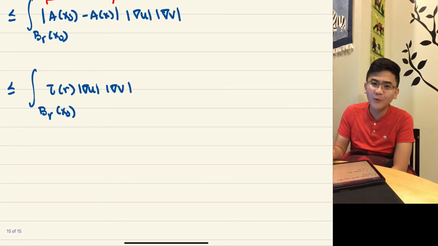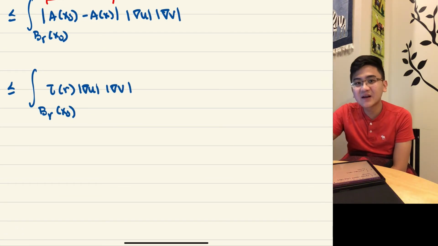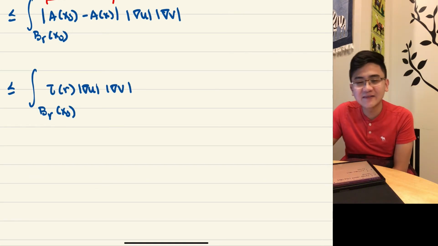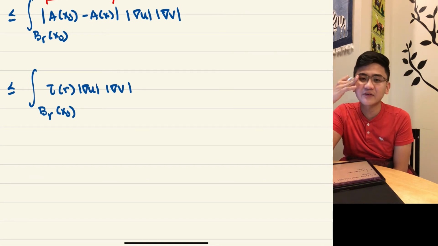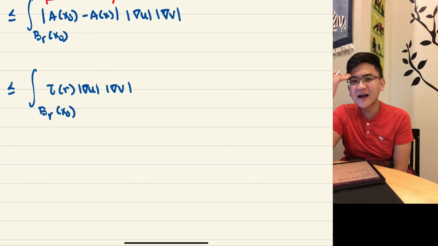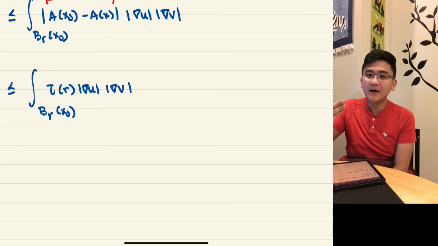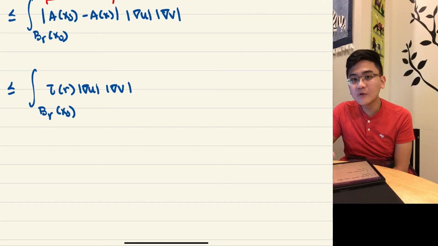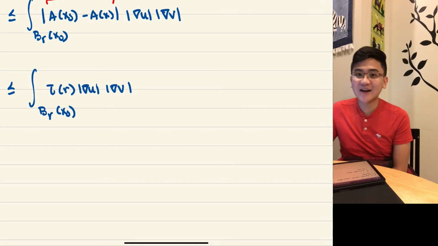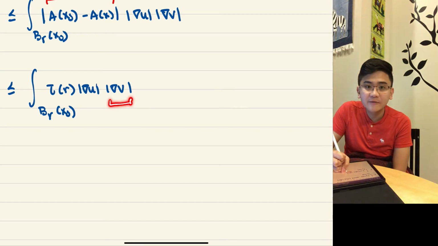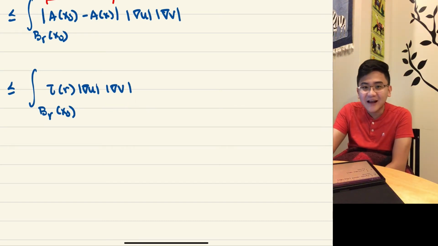I do hope that these discussions make it more intuitive why we do these steps. When I was first studying estimates in PDEs, I understood the steps, but the question was why? How did you even think of this? But if you look into it a bit more closely, you'll see that these steps are actually natural. So we're going to separate them because we want a term with the L2 norm of grad v.